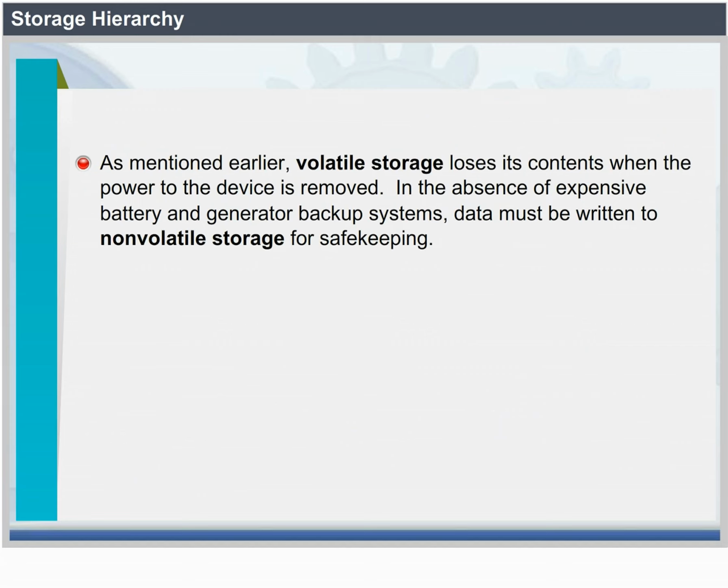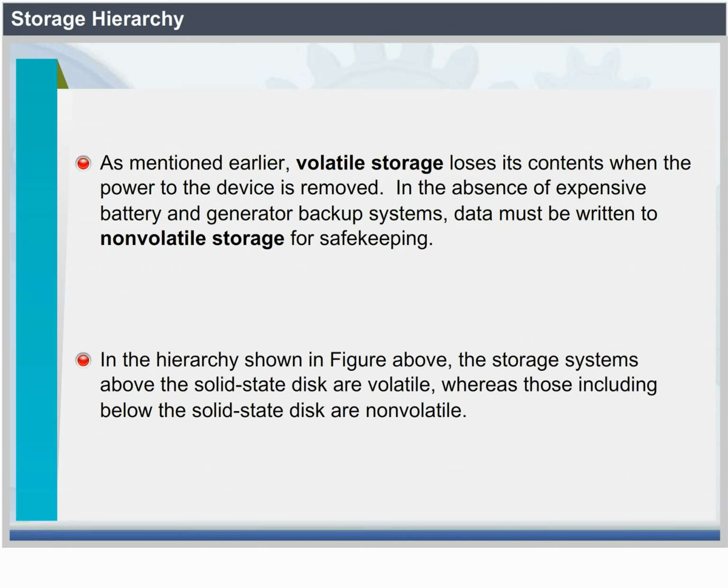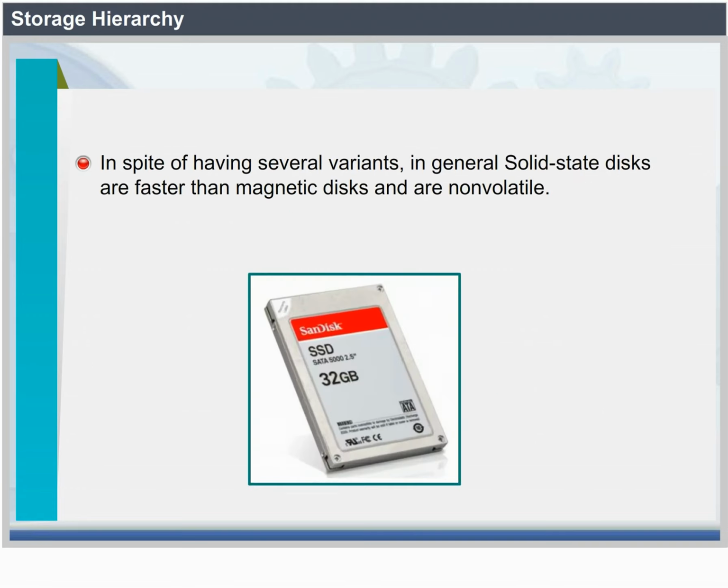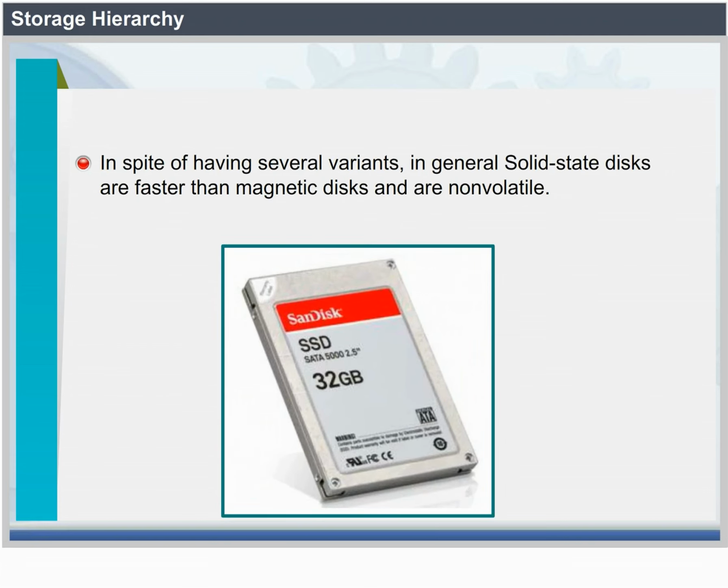In the absence of expensive battery and generator backup systems, data must be written to non-volatile storage for safekeeping. In the hierarchy shown in the figure above, the storage systems above the solid-state disk are volatile, whereas those including the solid-state disk and below are non-volatile. Solid-state disks have several variants, but in general are faster than magnetic disks and are non-volatile.